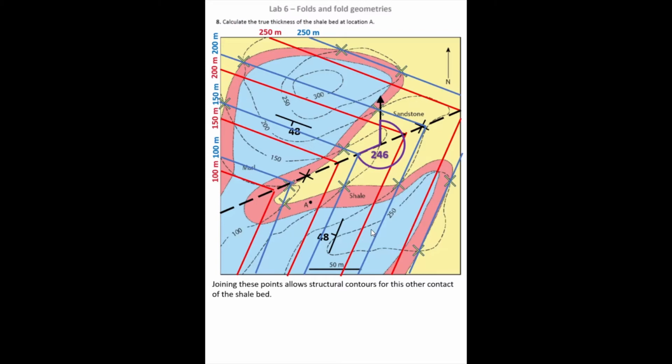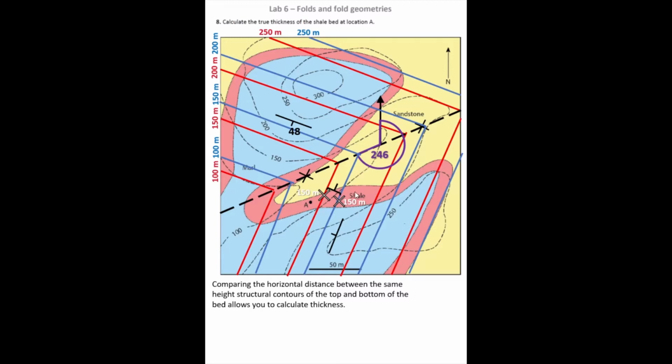Okay, so in red now I've got the upper contact between the marl and the shale, and in blue I've got the lower contact between the shale and the sandstone. Then what I can do is compare the horizontal distance between the same height structural contours for the top contact and the bottom contact, and that will allow me to calculate thickness.